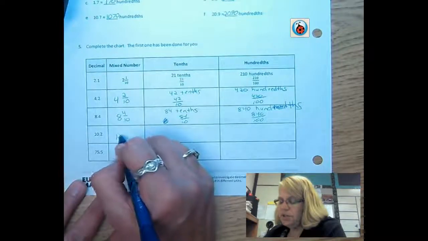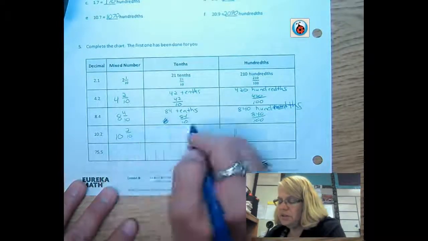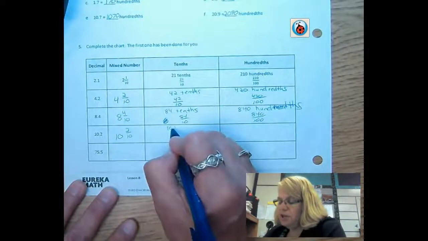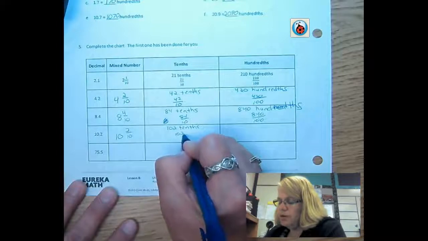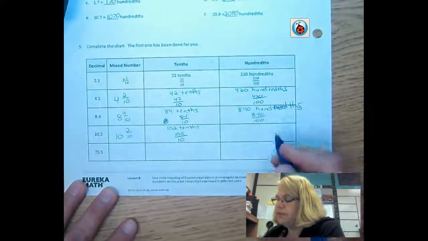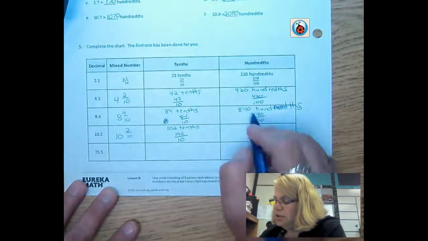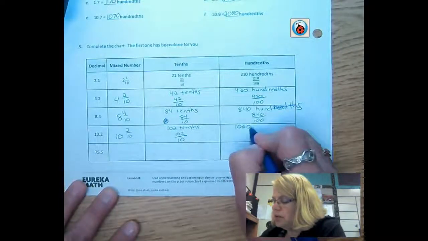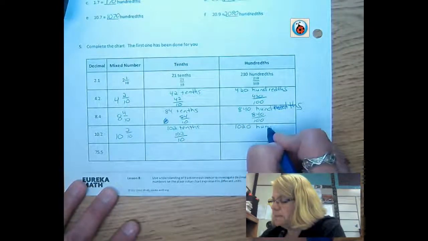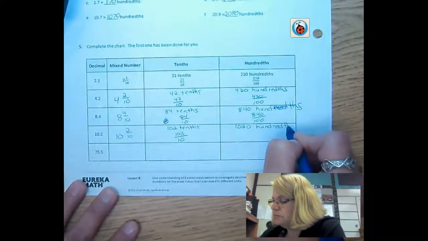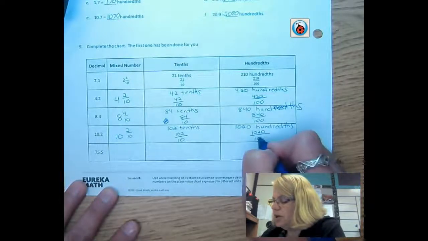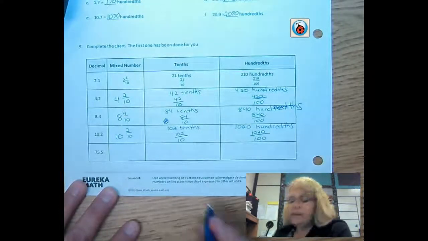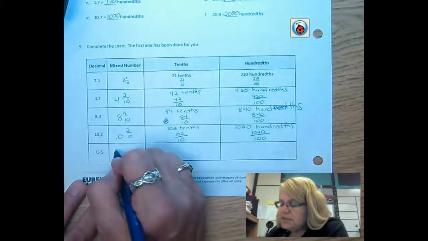This one is going to be 10 and 2 tenths. It's going to be 102 tenths. Or 102 over 10. Hundredths is going to be 1,020 hundredths. Or 1,020 over 100.